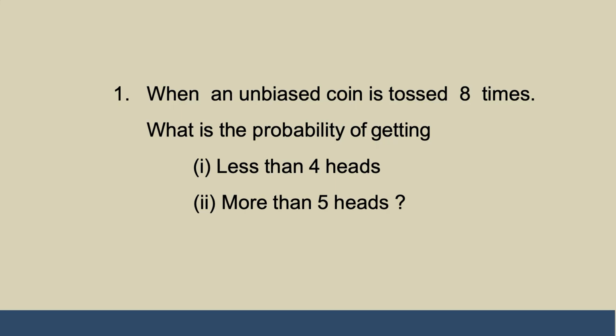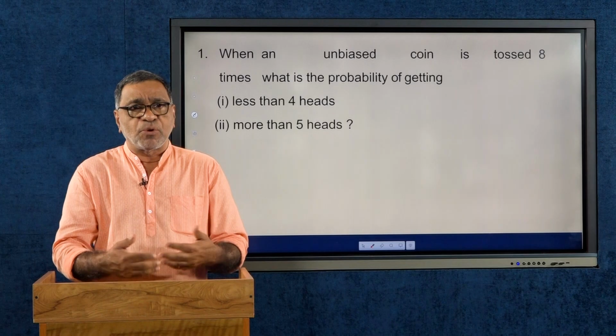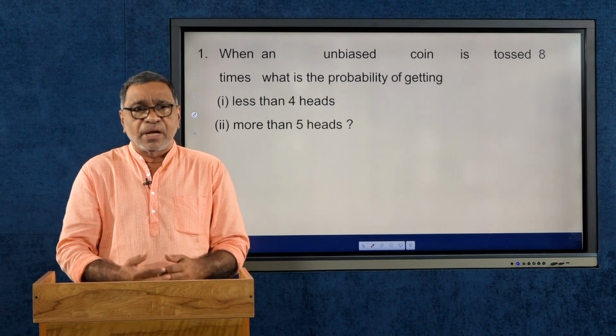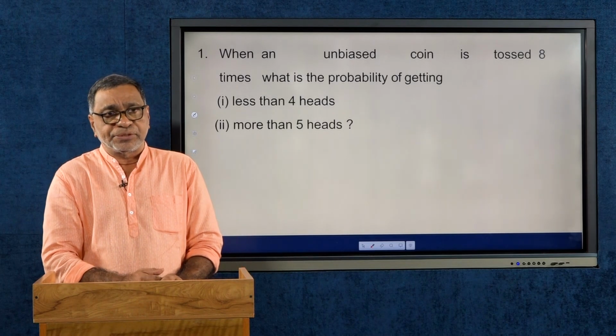Suppose we are tossing an unbiased coin some number of times, say 8. And the question here is, what is the probability of getting some events? The first event is less than 4 heads, more than 5 heads, like that. We can add some more events here and also find the probabilities.